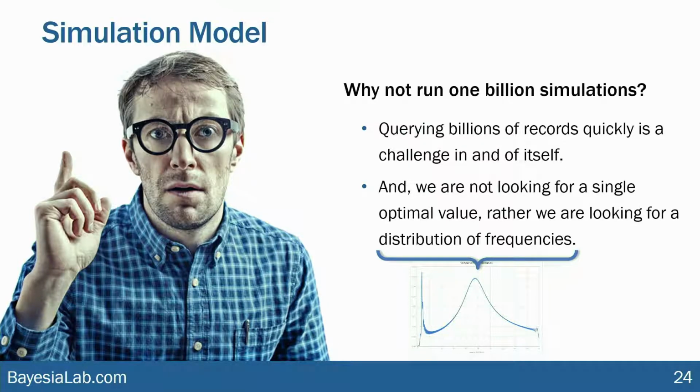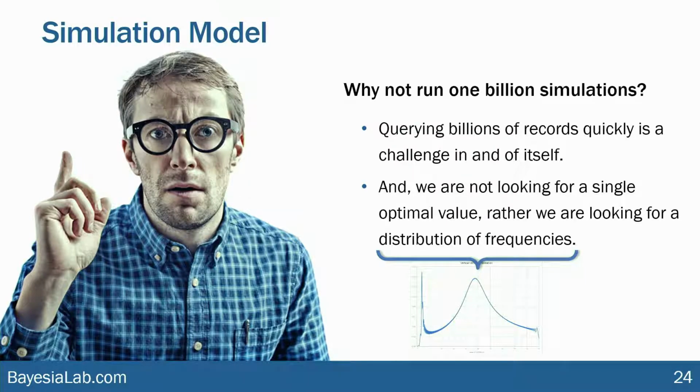Then can we just look at the results rather than approximating the original simulation? Well, yes, we could do that, but if we were to perform a billion simulations or any large number, to search such data is kind of a challenge in and of itself.